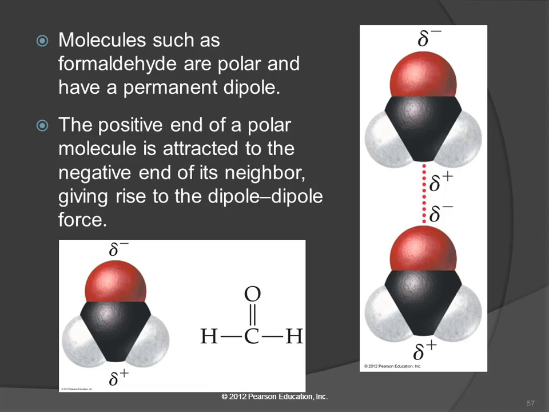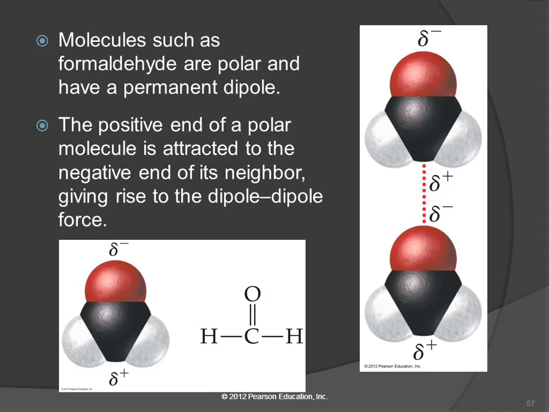So here we can look at a couple of molecules. This is formaldehyde. And here's a model of it. And here is its Lewis structure. From the Lewis structure, we see that even though it doesn't have any lone pairs on the central atom, we've got an oxygen and two hydrogens, and those are not the same.